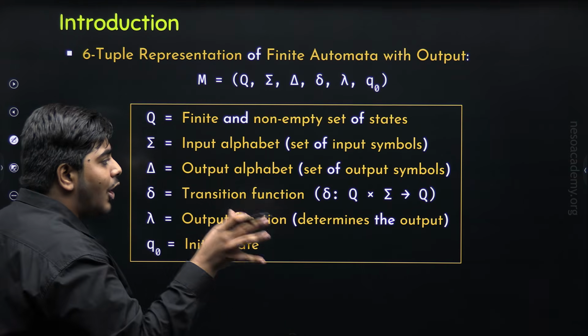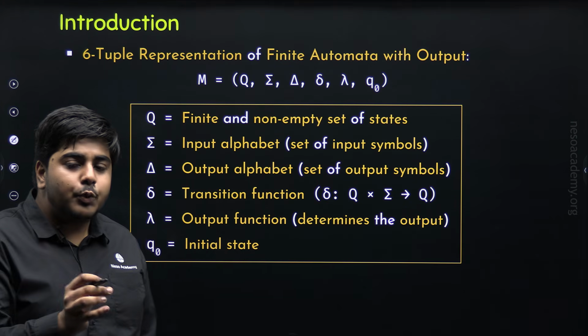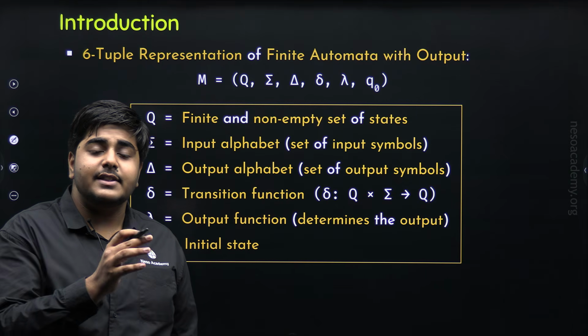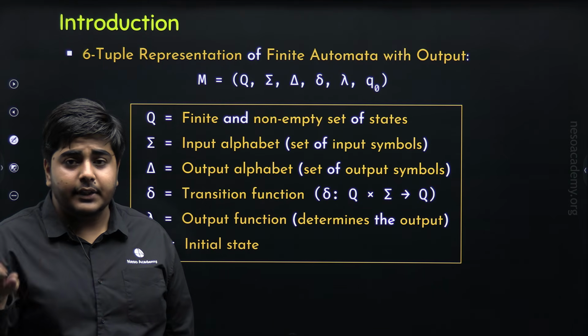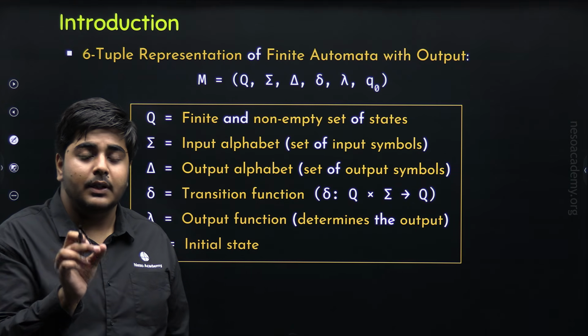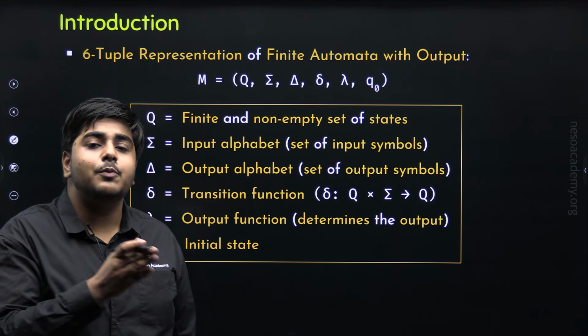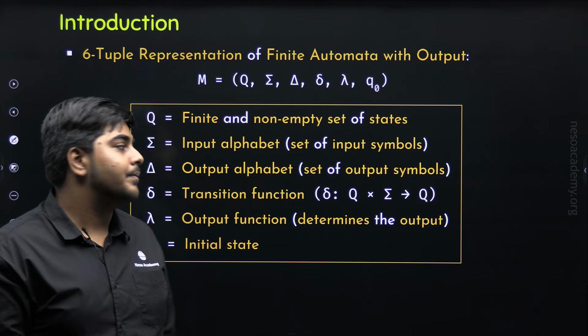And the set of such output symbols is called the output alphabet. Whatever output we get whenever there is a transition from one state to another state, that particular output is called an output symbol. And output symbols form the output sequence corresponding to the given input sequence.